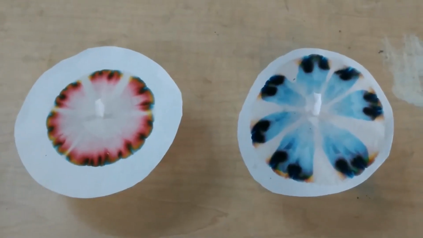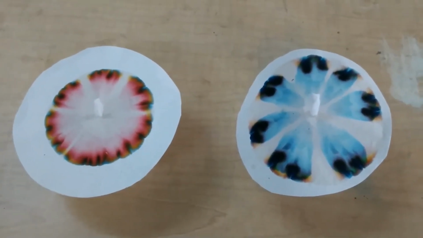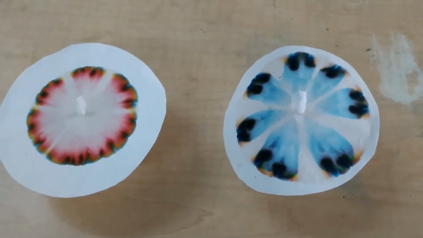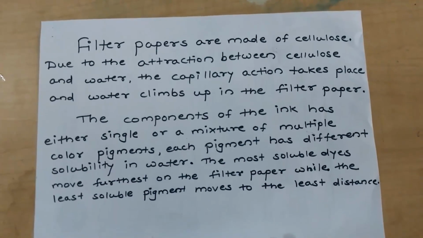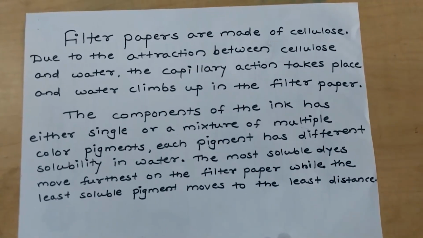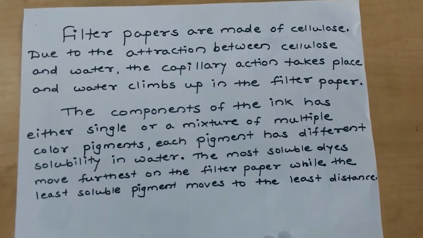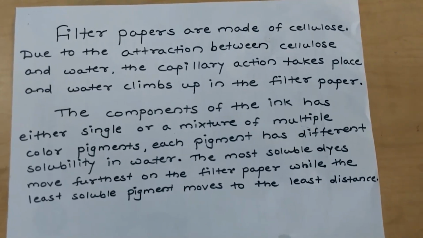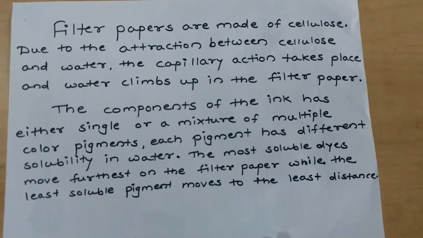And you can see beautiful patterns on the filter paper with the brown sketch pen and black sketch pen. Why does this happen? Because filter papers are made up of cellulose. Due to the attraction between cellulose and water, capillary action takes place and water climbs up the filter paper.